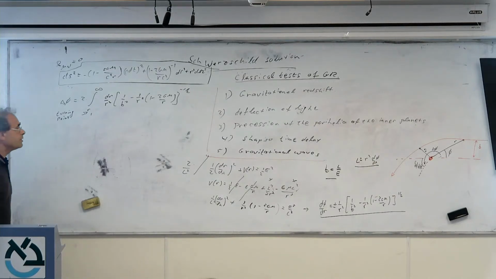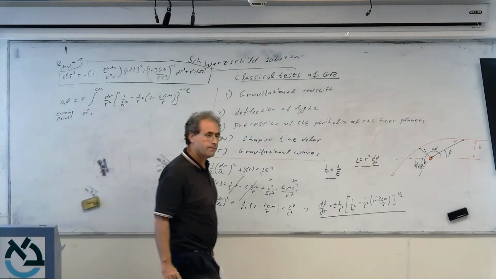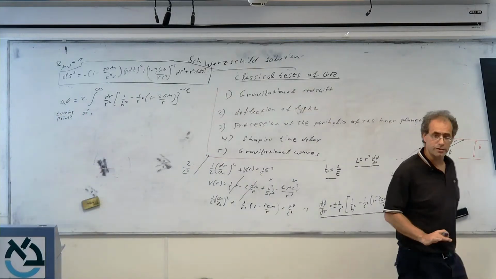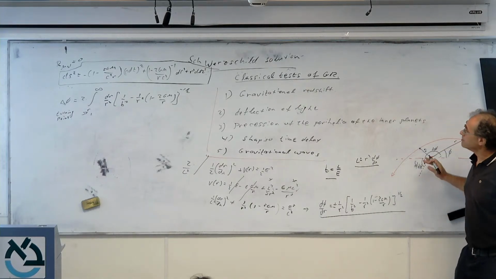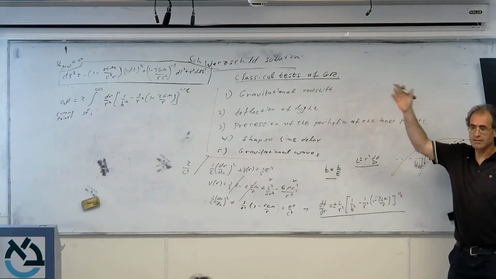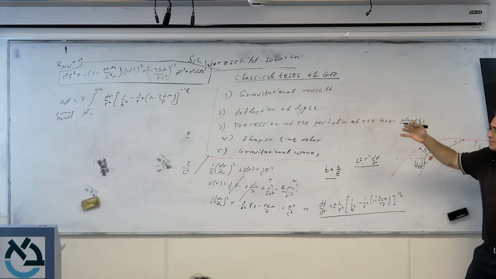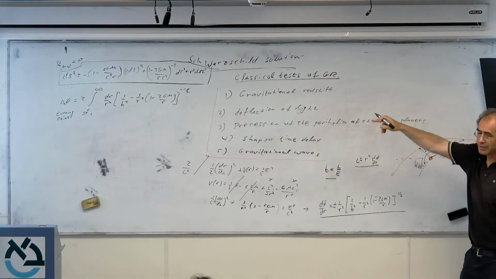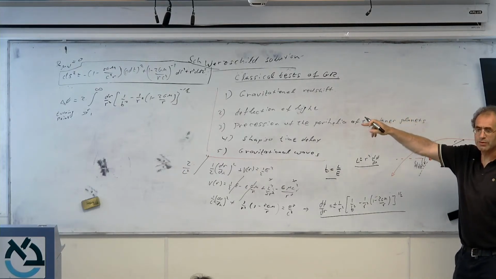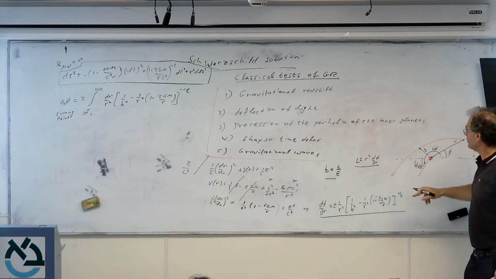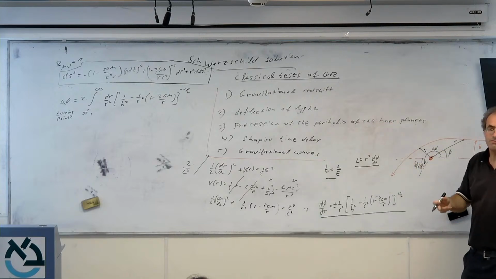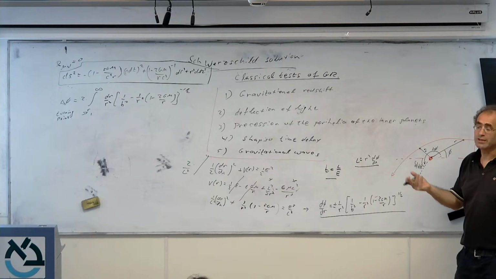What is the minimum impact parameter that you can have? Practically, now it's a practical question. When you're doing these measurements in 1919, more than 100 years ago, when they're estimating what deflection they're going to see, what is the minimum impact parameter that you can have? The radius of the sun, right?